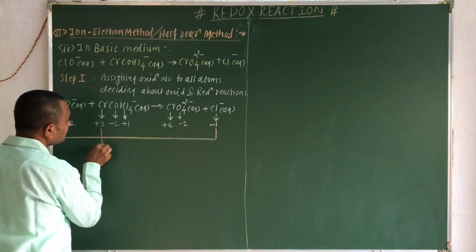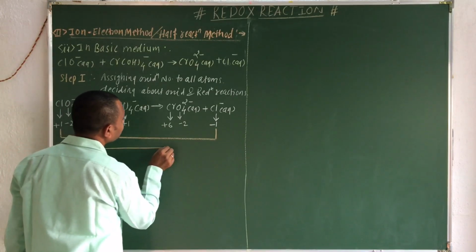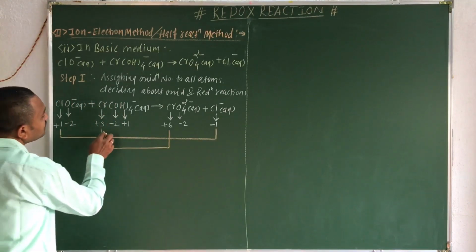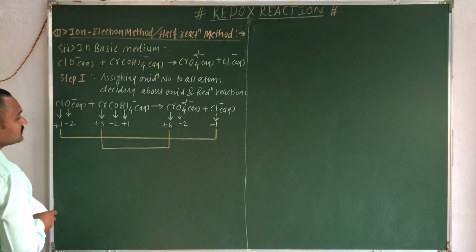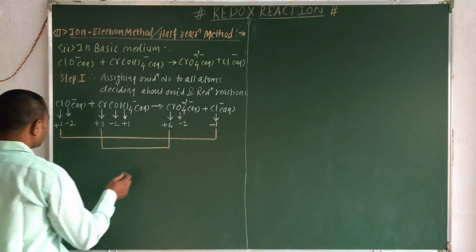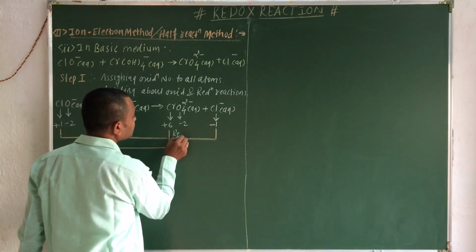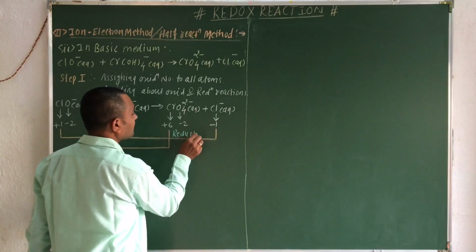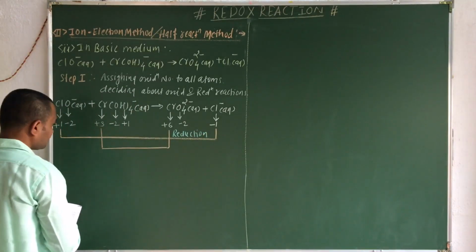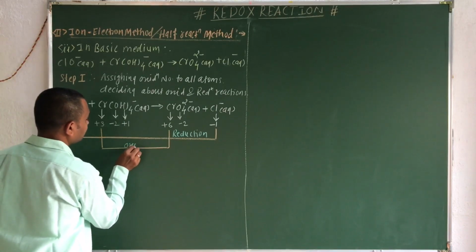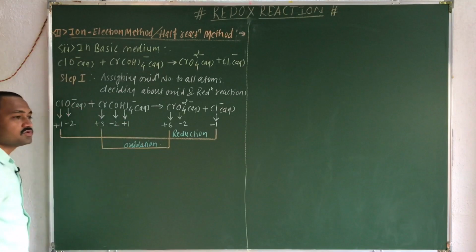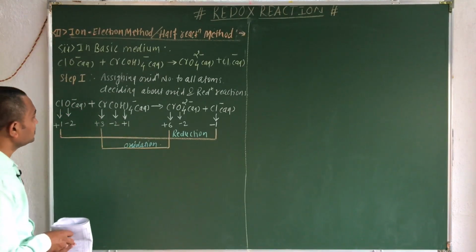Chromium goes from +3 to +6. There is an increase in oxidation number, so that is the oxidation process. The square brackets that we have connected show the reduction reaction and the oxidation reaction.